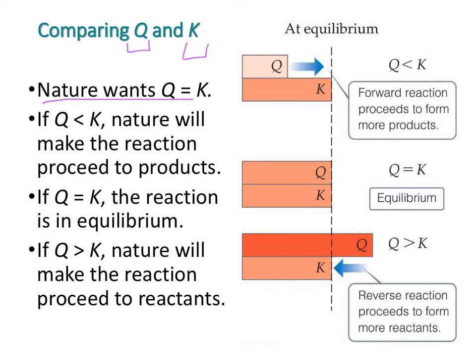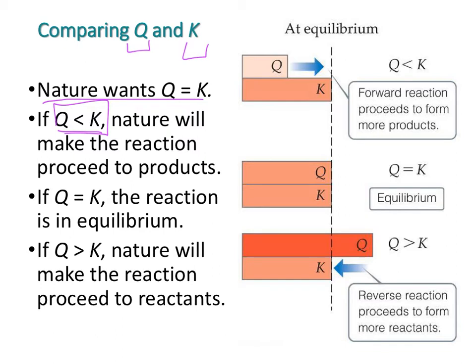Now, normally nature wants Q to equal K, like reactions will want to be at equilibrium, so usually Q will equal K. But in cases where equilibrium is disturbed, the concentrations are going to change, meaning you're no longer calculating K, you're calculating Q because it's at a different point in the reaction, not at equilibrium.